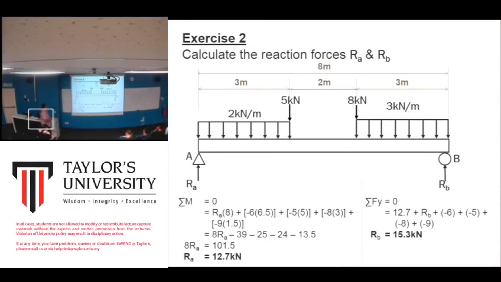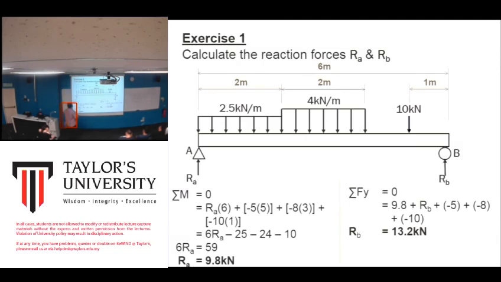Okay, guys. Here, RA times 6. RA times 6. This is the total distance. So we take B as the reference point, which means B is fixed, it's in equilibrium, 0. It just can rotate. Okay, 5. Where did we get this 5? From here, 2.5 times 2, 5. And it will be located in the middle.